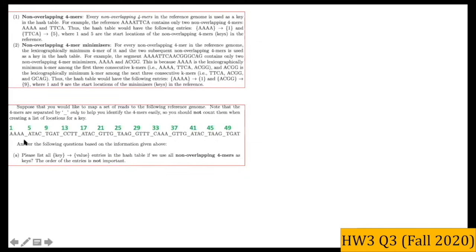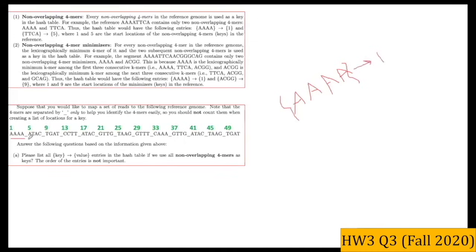Now, if you want to extract the first k-mer, we already split them using the underscore sign. So the first one will be this k-mer as it is. We store A, which are the 4 characters, and this k-mer is located at location 1.